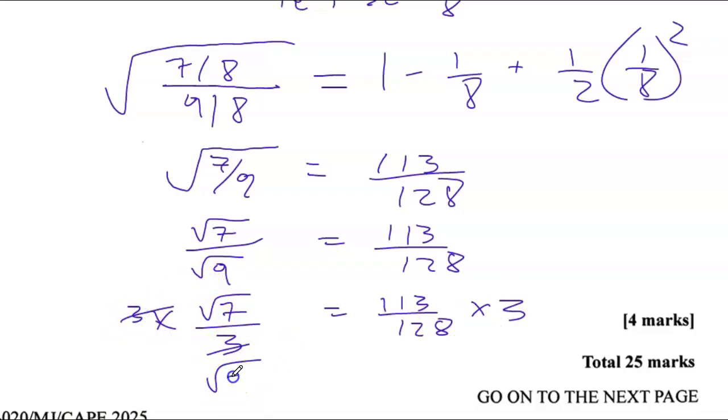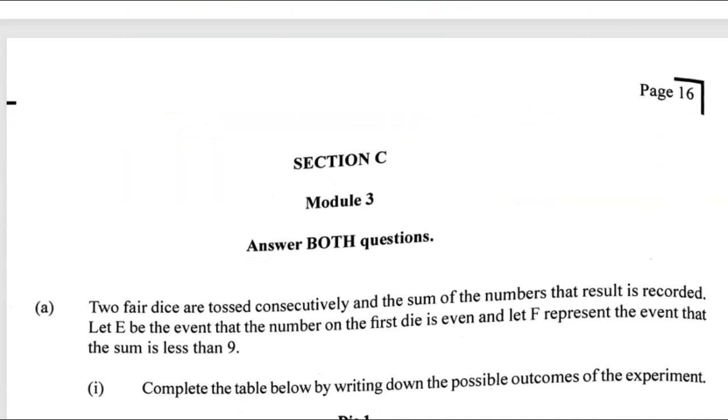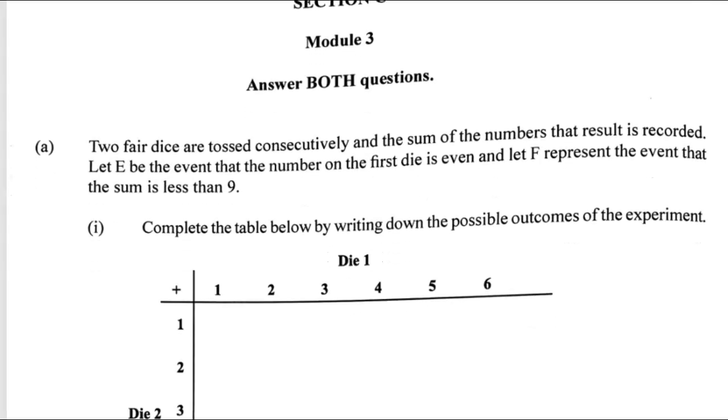So root 7 approximates to 3 times 113 over 128. So that's 339 over 128. And in decimals, it approximates to 2.648. Let's move on to question 5.